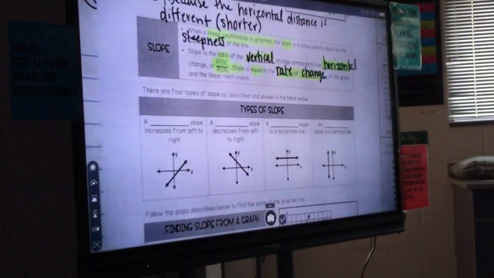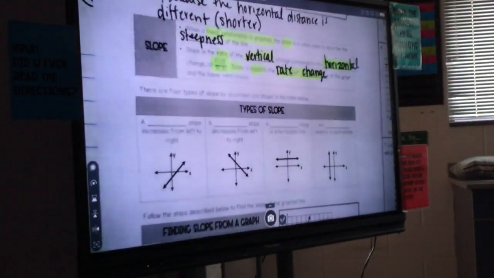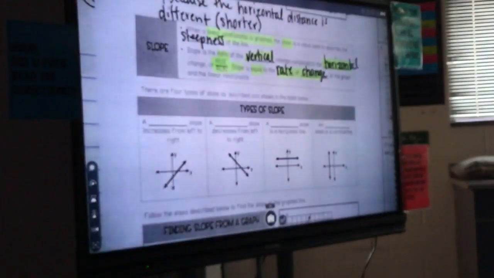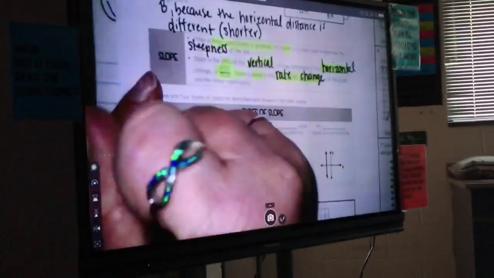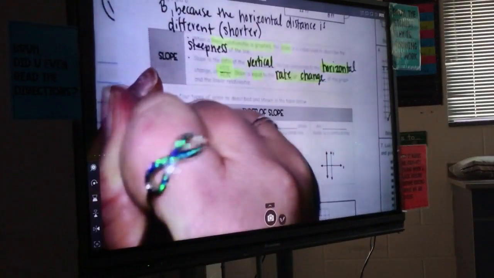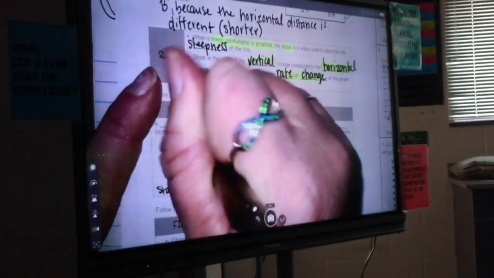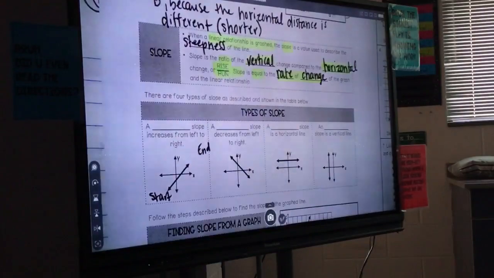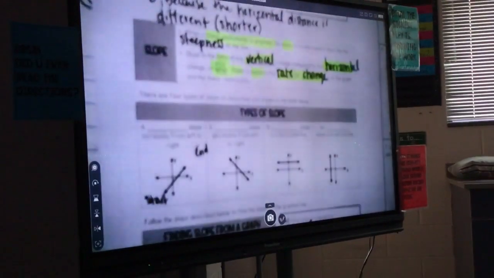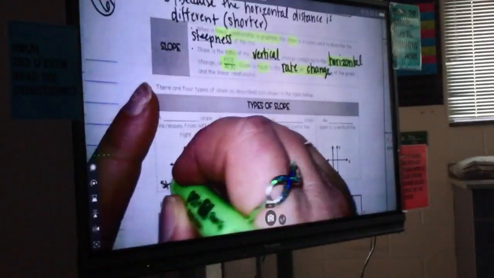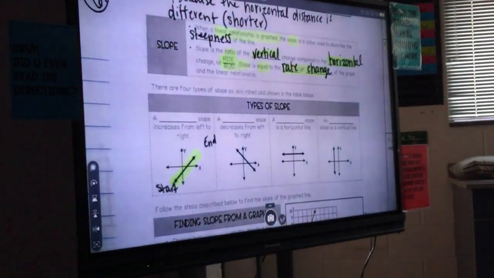All right, so we're talking about 4 different types of slopes. When it's starting here and ends here, what kind of slope is this? What kind of slope is this when it starts in the bottom left and goes up to the top right?